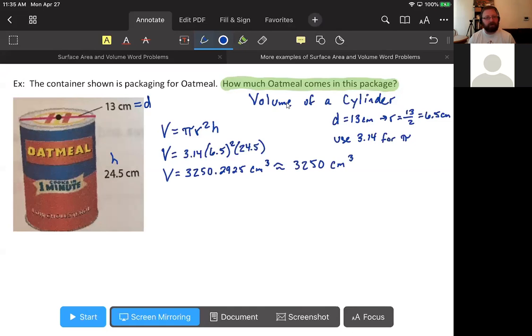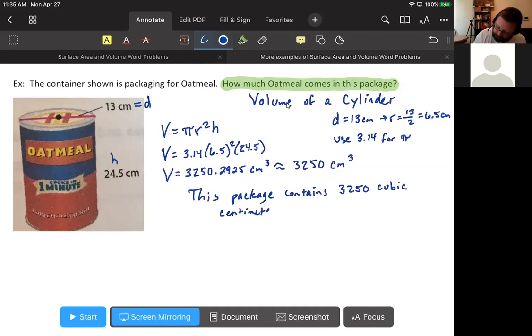Like, that's not how you talk, okay? So we'll round that to the nearest cubic centimeter so that we can say this package contains 3,250 cubic centimeters of oatmeal.